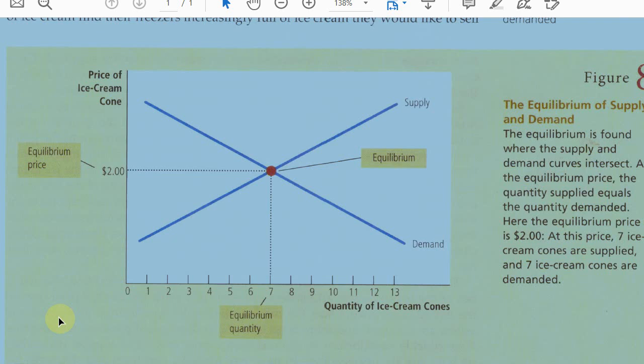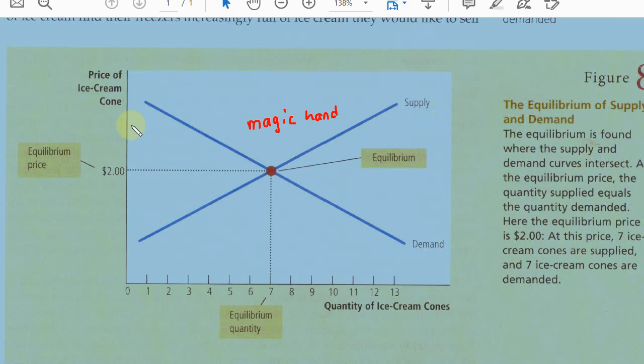According to Adam Smith, this is the magic hand. The meaning of magic hand is that this point is established by demand and supply automatically.